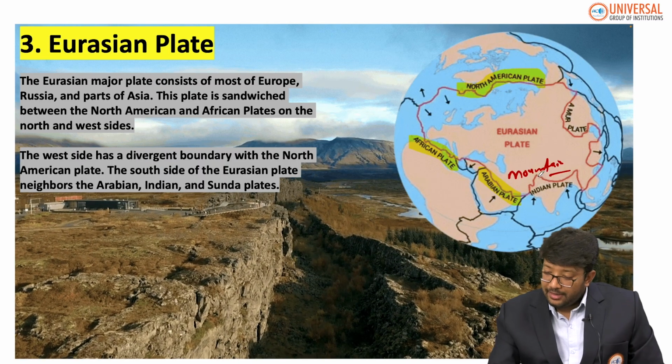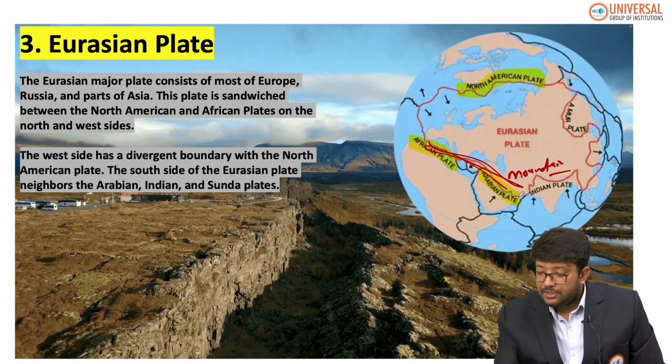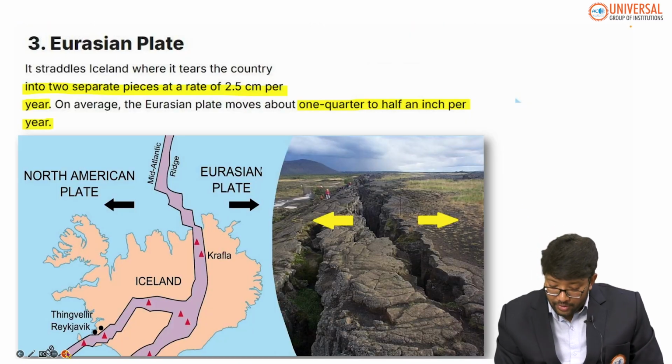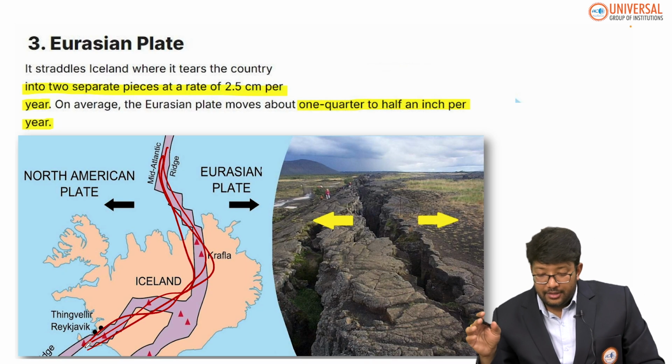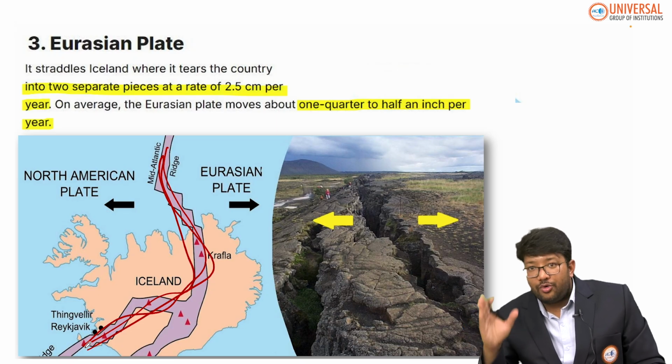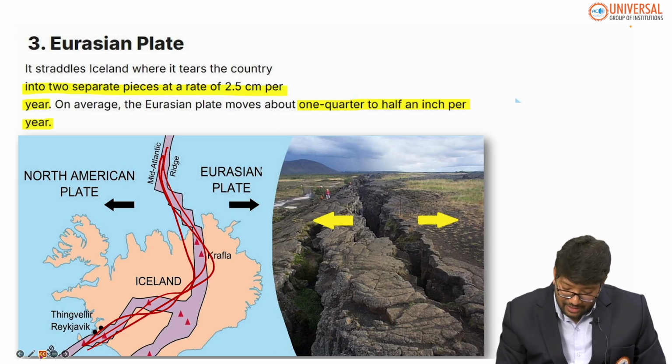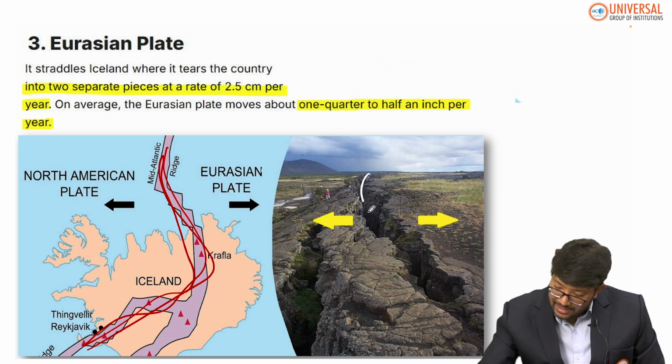When this plate is moving, it is going through Iceland basically. So this particular plate is going between the Icelands. As you can see in the photo also, it is Iceland's photo.